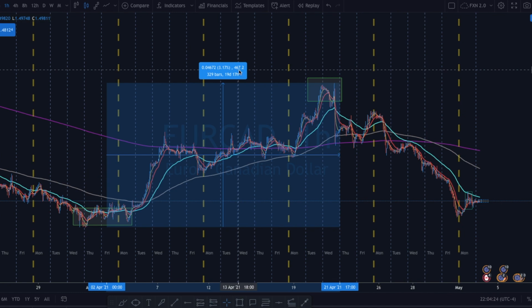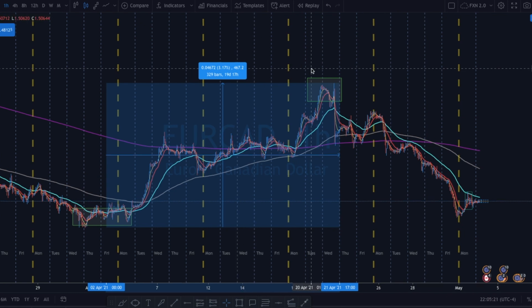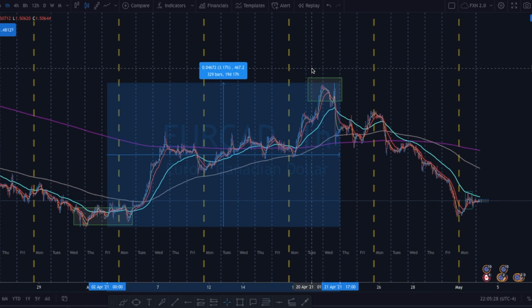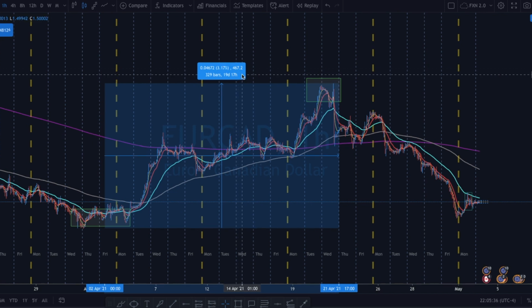So what this tells me is that we're well over 300 pips. You're going to be in the range of about 150 pips or so per day if you're averaging 467 per cycle, let's say. What does that mean? Well, depending on who you are, you could see it many different ways.